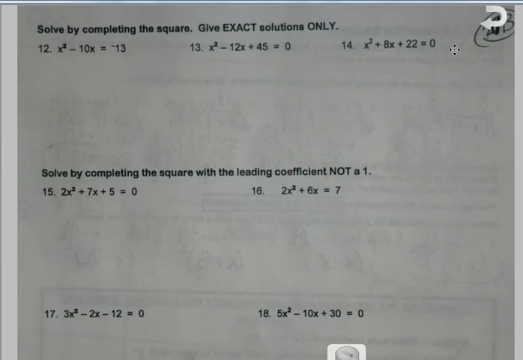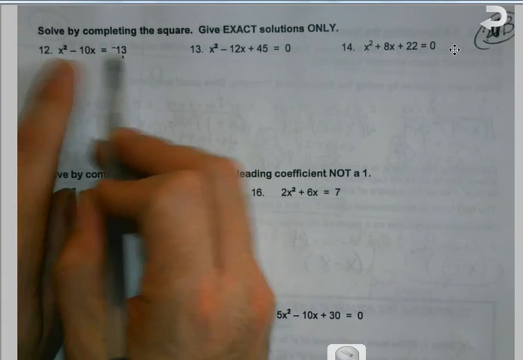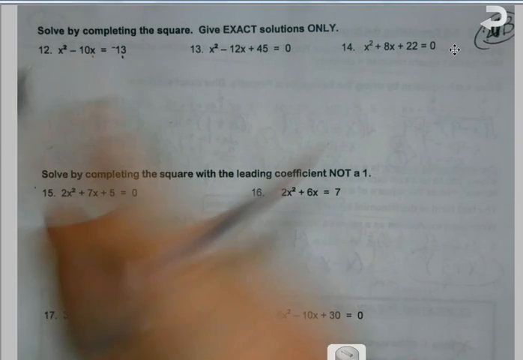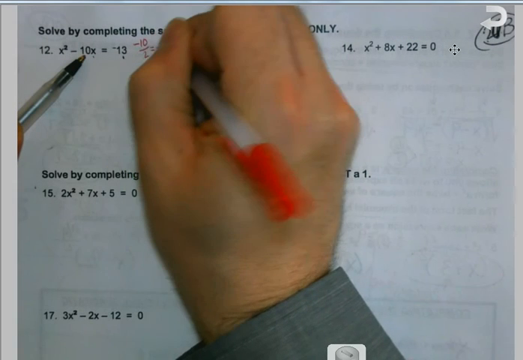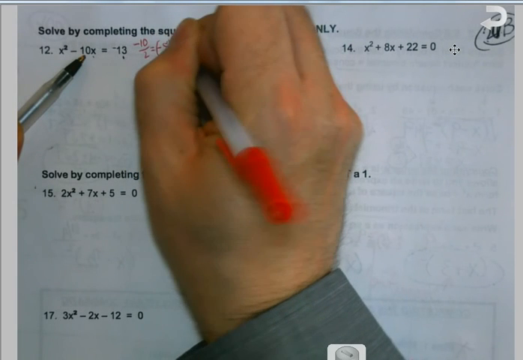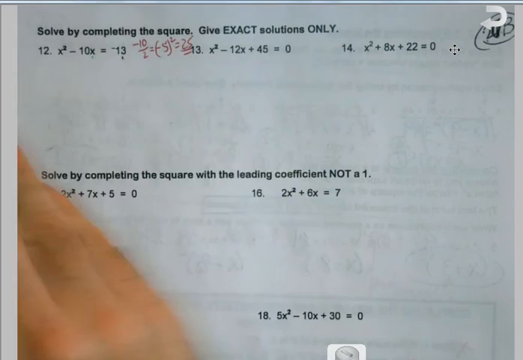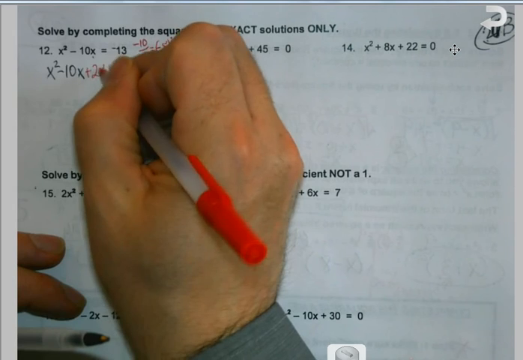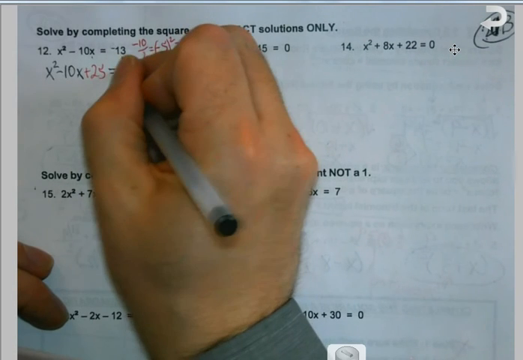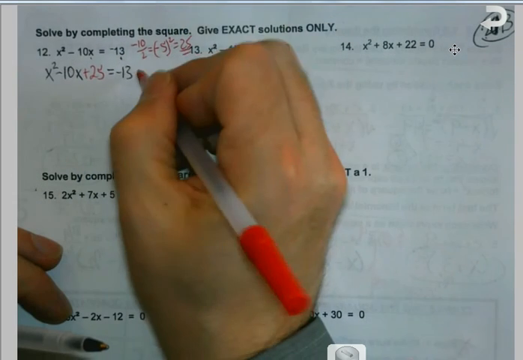Same concept. Nice to us on the first step. X's are isolated. So take my b value, divide it by 2, and square it. Make sure that 25 gets added to both sides, not just the side where you're making your perfect square trinomial.